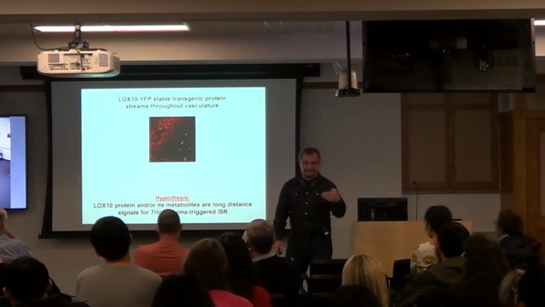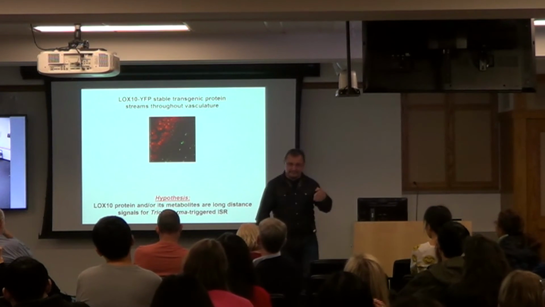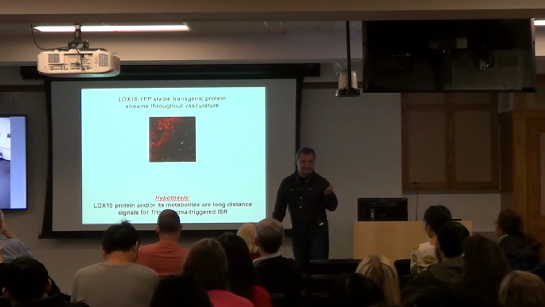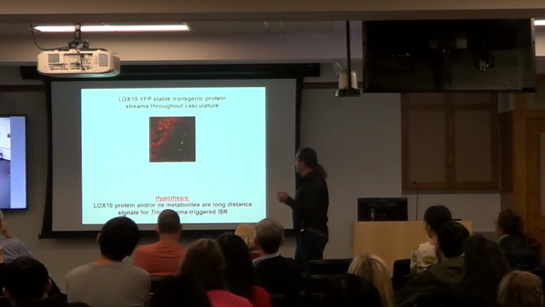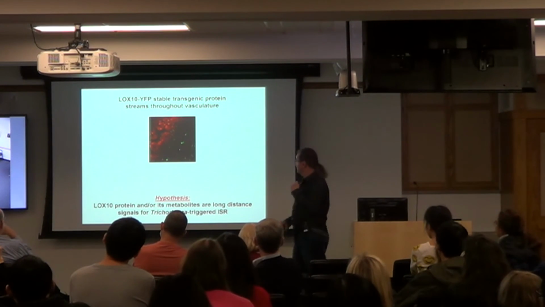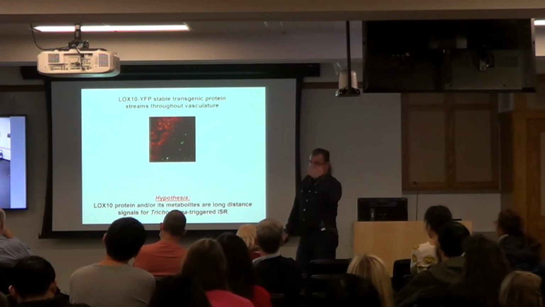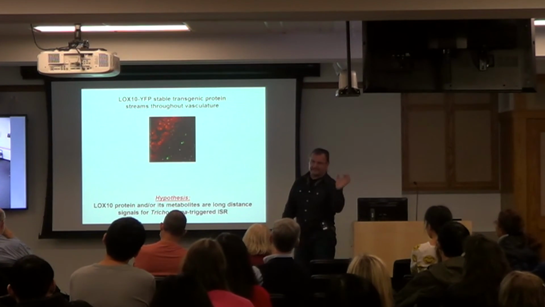We had a project to localize subcellularly where LOX10 is found in the cell. So we produced transgenic plants with the help of Dave Jackson from Cold Spring Harbor, and they produced transgenic plants that express YFP-tagged LOX10. They looked everywhere where LOX10 is, and found that LOX10 is found in chloroplast, and they also identified some other organelles.